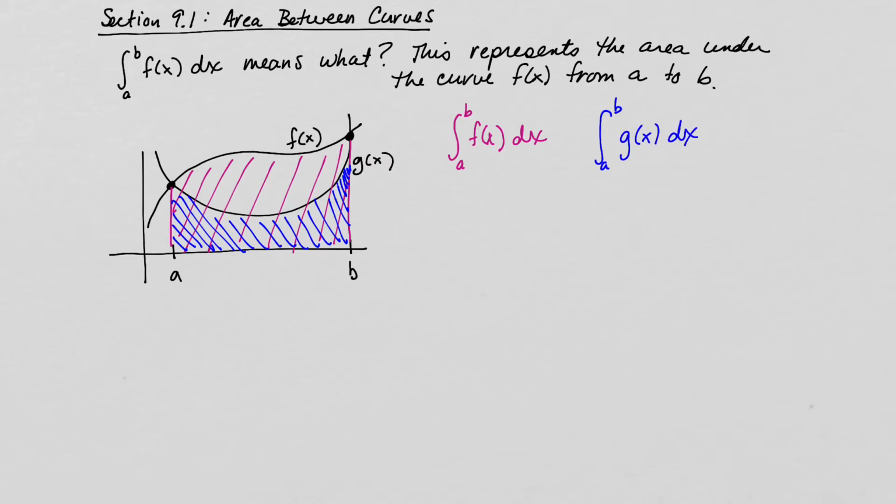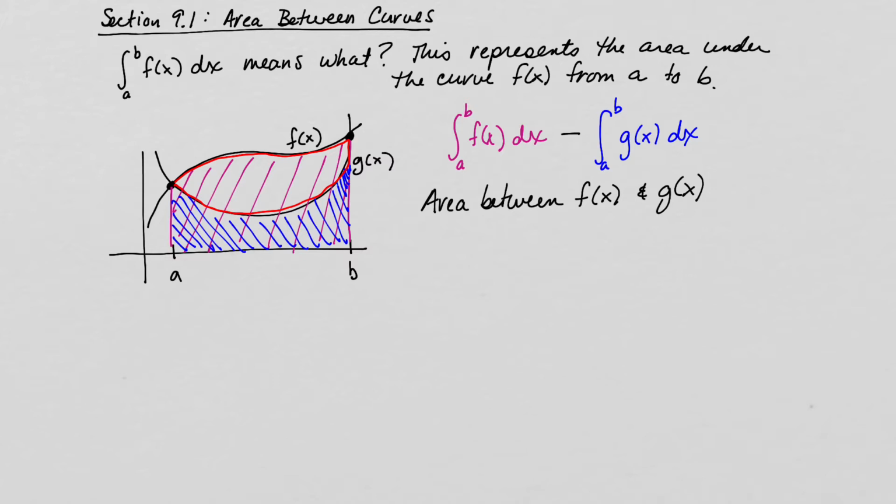What should I do with those two integrals to figure out the area that I'm looking for, the area between these two parts? So we're looking for the area in here. Yes, if I subtracted them, then I would get the area. So the area between f of x and g of x is basically going to be the difference of the two integrals.